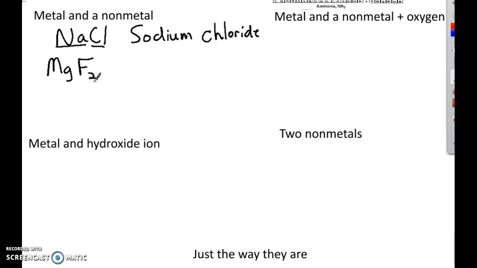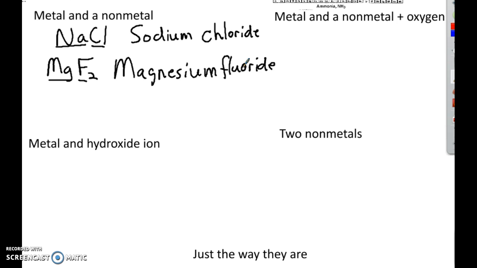Same thing, you have Mg, which is magnesium, and F, which is fluorine, so it would be magnesium fluoride. Once again, the IDE on the ending tells us that anytime we see that, we have two elements, magnesium and fluorine, together.